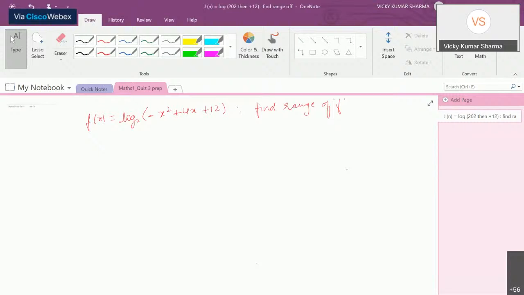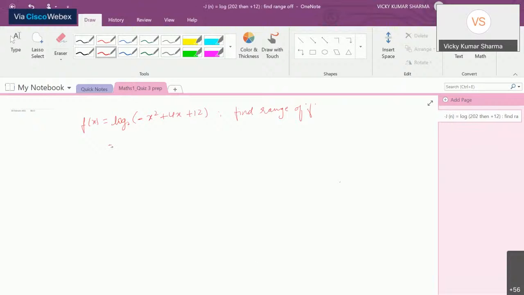Now had this been positive, how would it have behaved? Let's take log 2 of x square plus 4x plus 12, and then we have to find the range of this. Again, I would first draw this graph. Could you help me get the graph for this? Would it factorize?